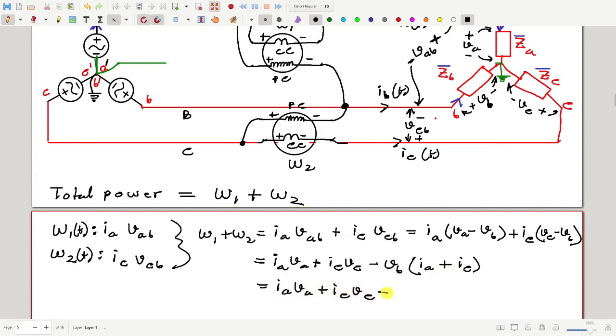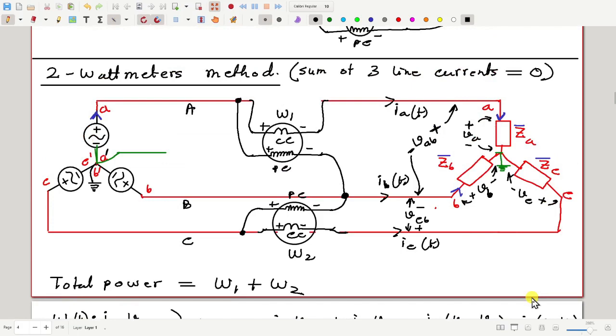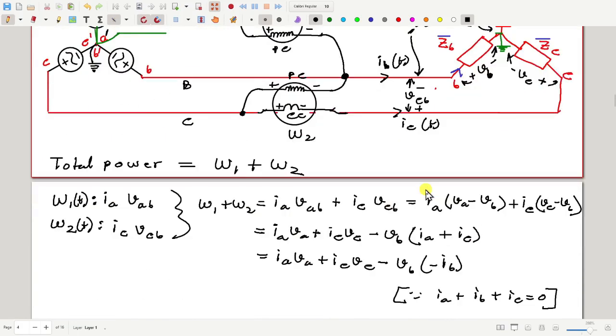Absolutely right. So this I can write as VB into minus IB, because IA plus IB plus IC is equal to 0. That's what we need. We started with that assumption. The sum of the three line currents should be 0.